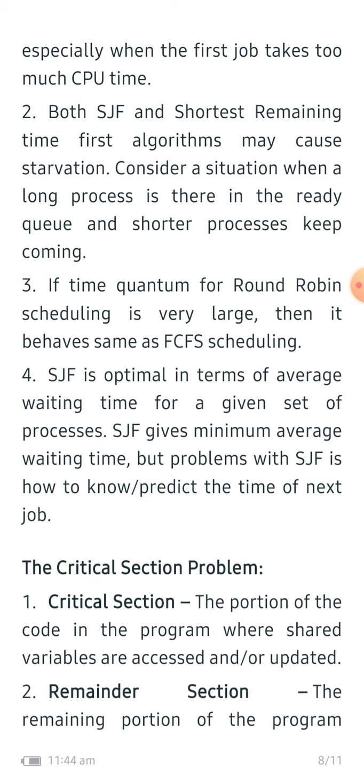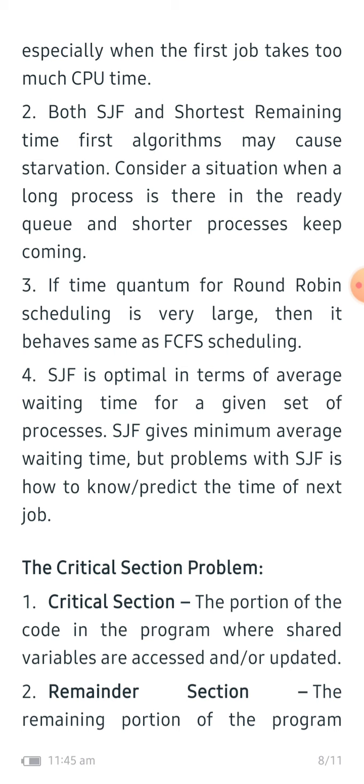Next, if the time quantum for round robin scheduling is very large, then it behaves like FCFS scheduling. Next, SJF is optimal in terms of average waiting time for a given set of processes. SJF gives minimum average waiting time, but the problem with SJF is how to predict the time of the next job.